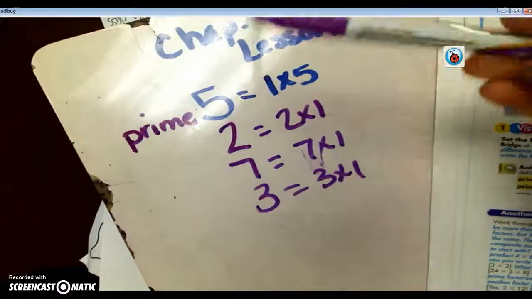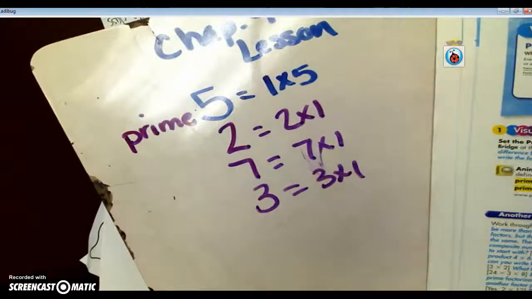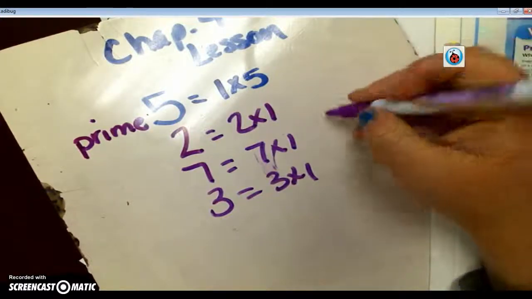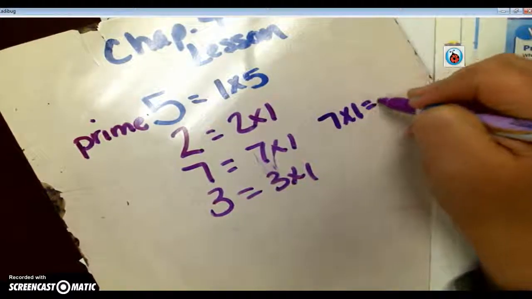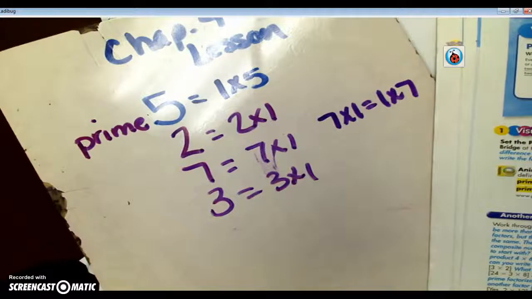There is no other way, Gabe, to multiply two whole numbers together to get 5, besides 1 times 5 or 5 times 1, right? Okay? There is no other way in the world to get a product of 7, besides taking 1 times 7 or 7 times 1. Understanding that the commutative property tells me that 7 times 1 is the exact same thing as 1 times 7. Doesn't mean it has two factor pairs. Okay? Factor pairs have to be different numbers.